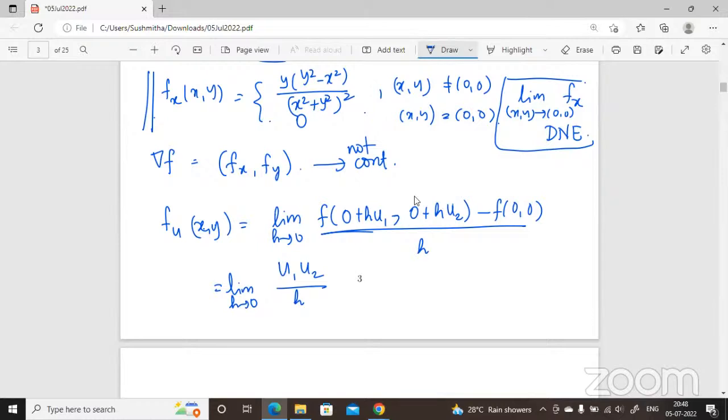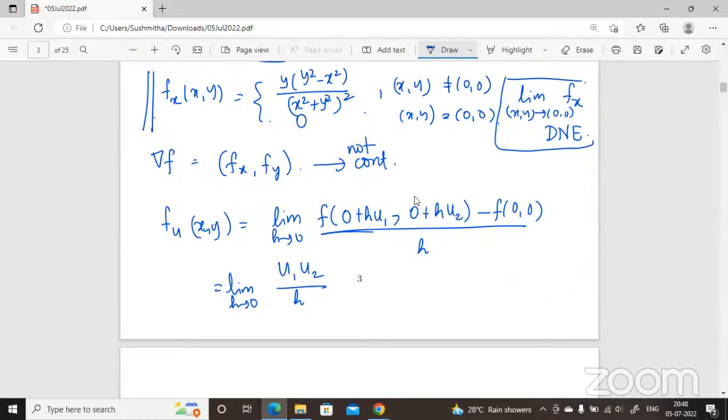And should it not be 0 by 0 form? See, what is the limit of 0 by h as h goes to 0? It would be 0. This is not 0 by 0 form because the function is already 0, even before applying the limit.